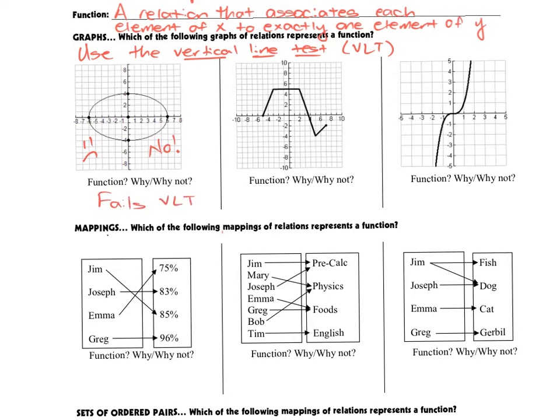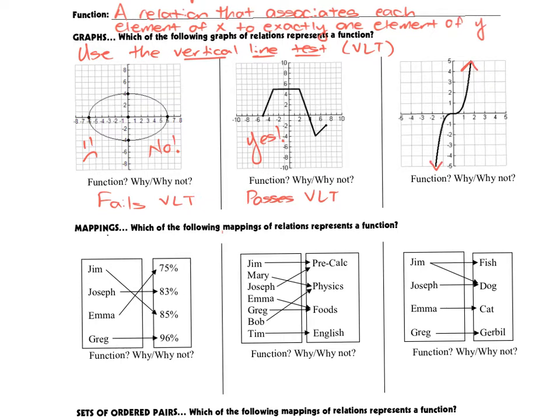If we move on to the next one and we check that again, we're just going to imagine every possible vertical line that could be drawn in. We can see our next one will be yes, because graphically we can see that it passes our vertical line test. On the next one, the one thing that I do first want to draw your attention to is that if I give you a graph that goes all the way to the edge, I want you to go ahead and fill in some arrows here on the end.